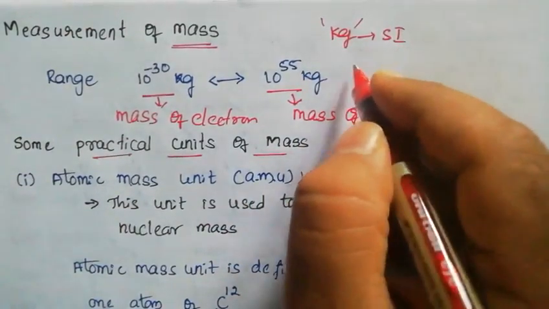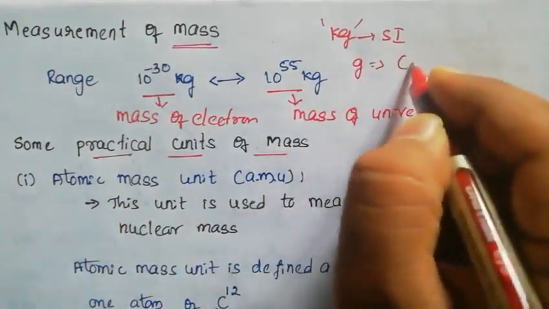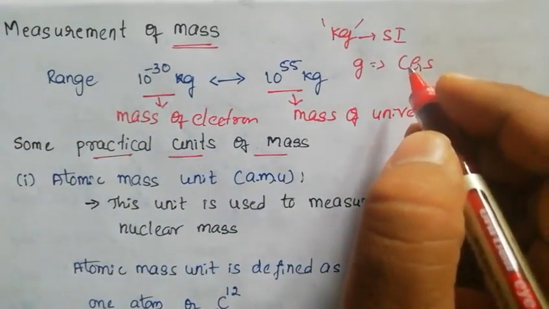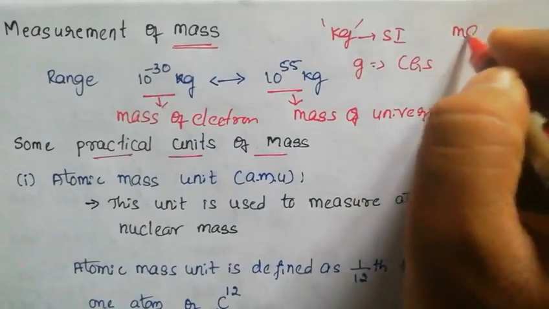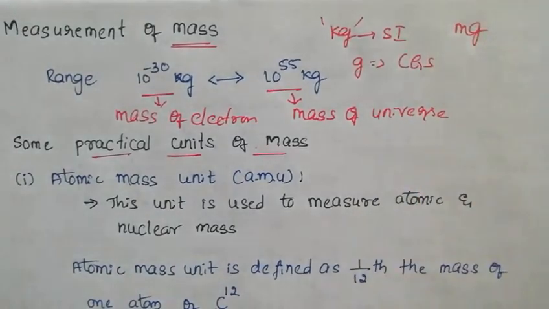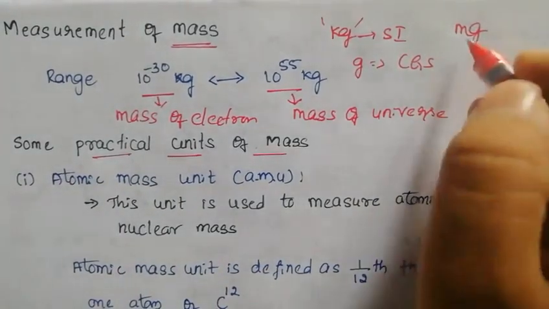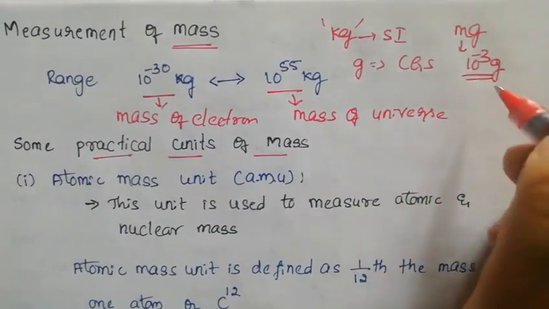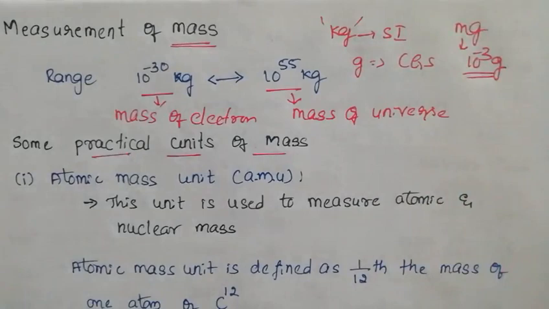Sometimes we use grams, that is CGS, for small masses. Sometimes milligrams, especially in the chemistry lab. Milli means 10 power minus 3 grams.